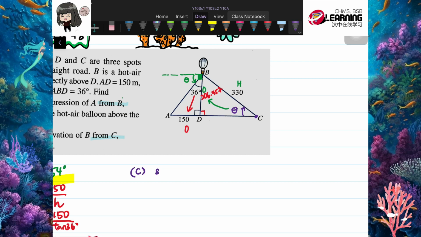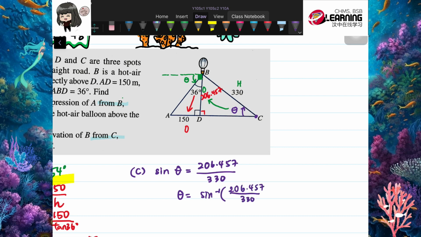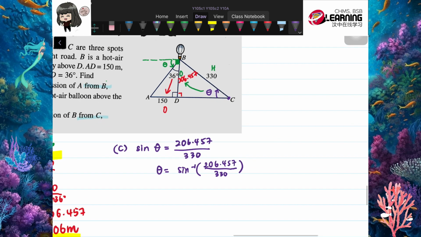So sine angle, okay, equals to 206.457 over 330. So your angle is shift sine 38.728 degree. Round off to one decimal place is 38.7 degree.